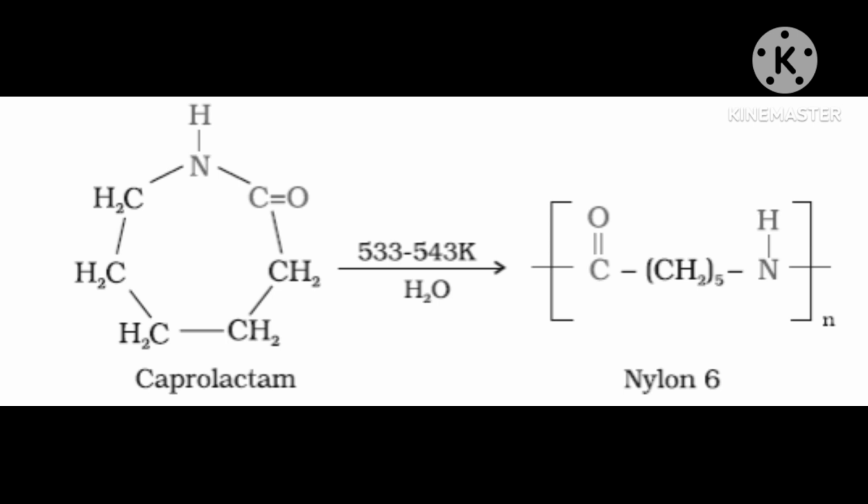Remember, zinc acetate and antimony trioxide, both are required here. A mixture of zinc acetate and antimony trioxide is used as catalyst. The reaction is the same as what I told.